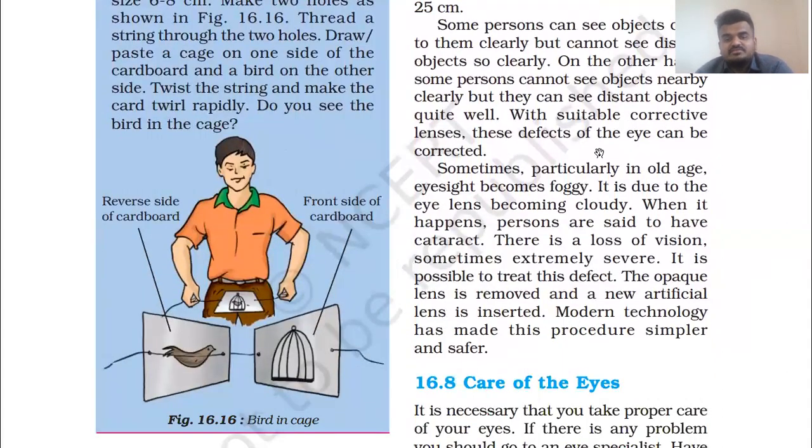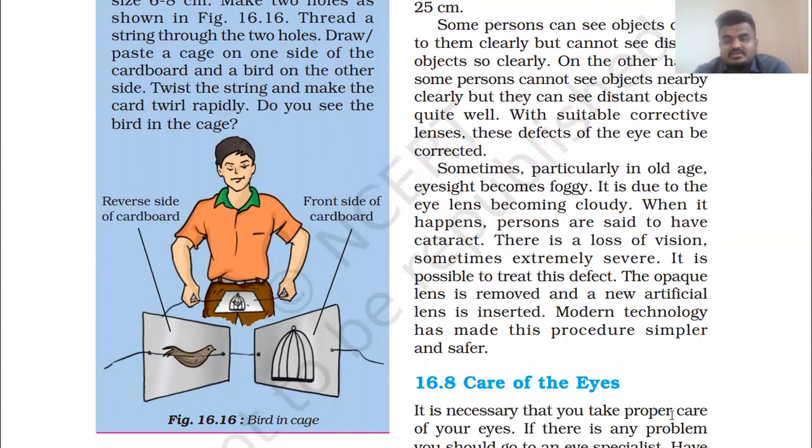Apart from this one, in this paragraph you are given that in old age generally eyesight becomes foggy. So what is the reason? The reason is that the lens of our eye becomes cloudy. So what is the solution?